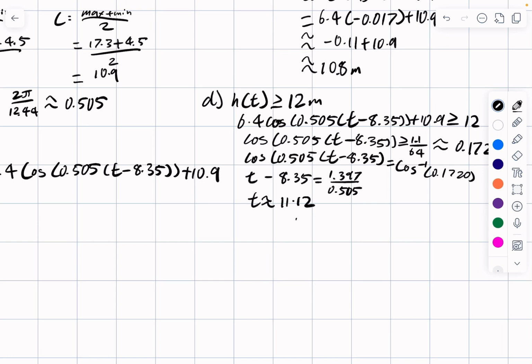So when the time is 11.12 hours, it is when the tide first reaches 12 meters.